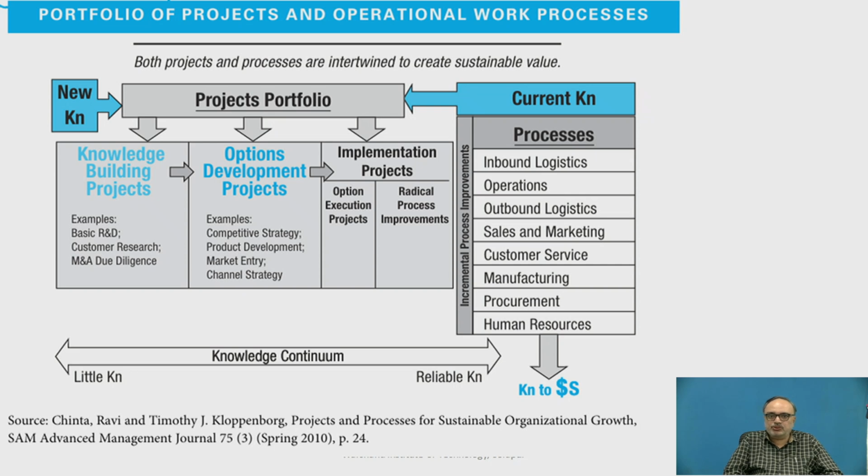There are a number of processes required to carry out the execution: inbound logistics, operations, outbound logistics, sales and marketing, customer services, manufacturing, procurement, and human resources. All this is combined to carry out the knowledge continuum, which is defined between reliable and little.